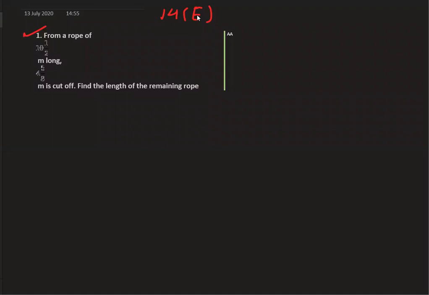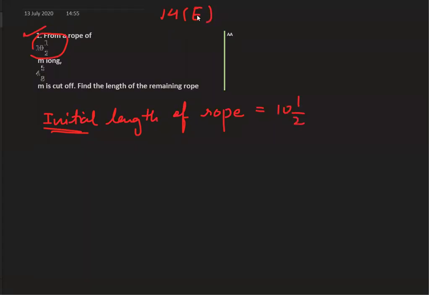So what was the initial length? What was the initial length of the rope? So write initial length of rope. Initial means in the starting, the length of the rope was 10 whole 1 upon 2 meter.